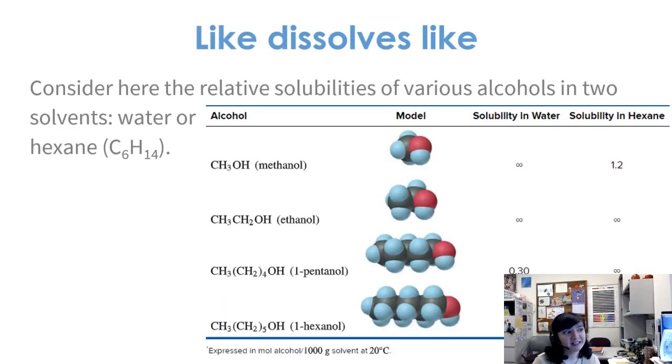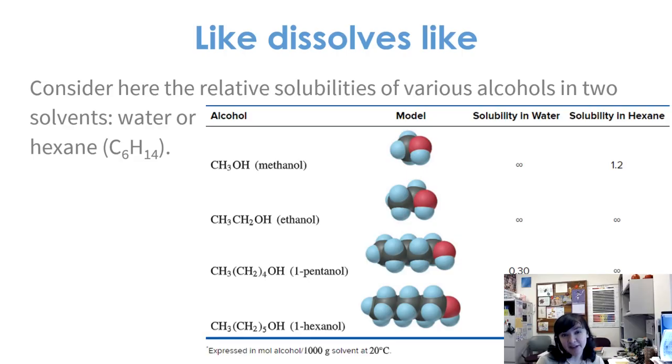We can see some examples right here of like dissolves like as a comparison. What we have here are a bunch of different alcohols, with their chemical formula and a model picture shown as well. For each of these, we compare the solubility in water and in hexane. Hexane is just C6H14, another long carbon chain.